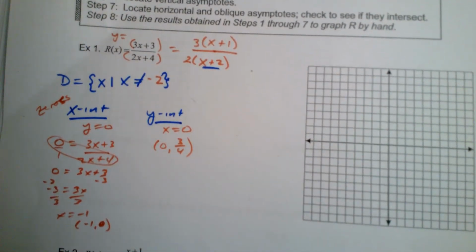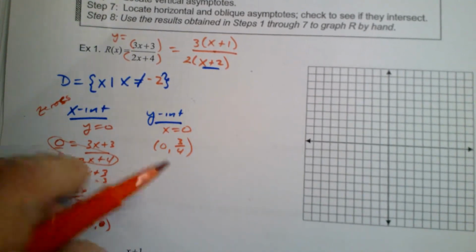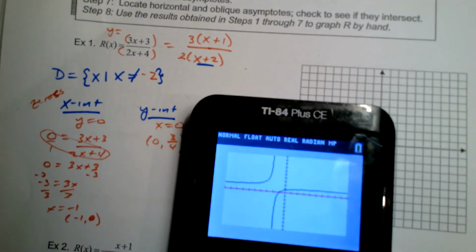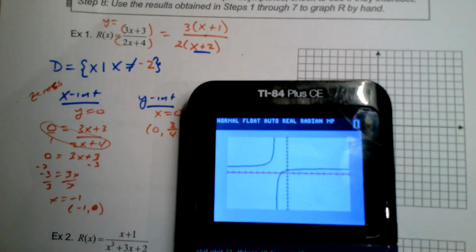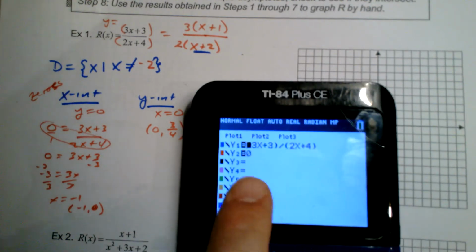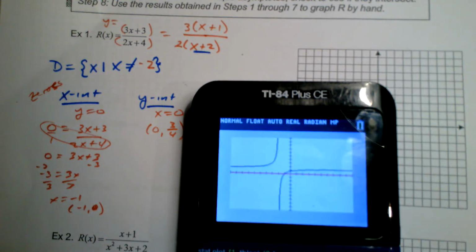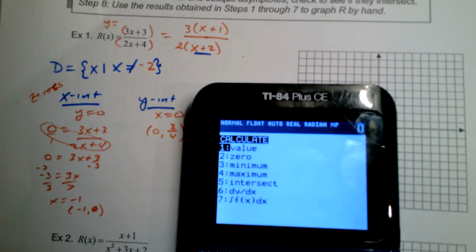Okay. Now, would I do those by hand? This one, no. I'll show you how to use your calculator. Okay. So, x-intercept, have to have y2 as 0. We know how to find x-intercepts in our calculator. This is what I would do. I would go second trace, intersect.